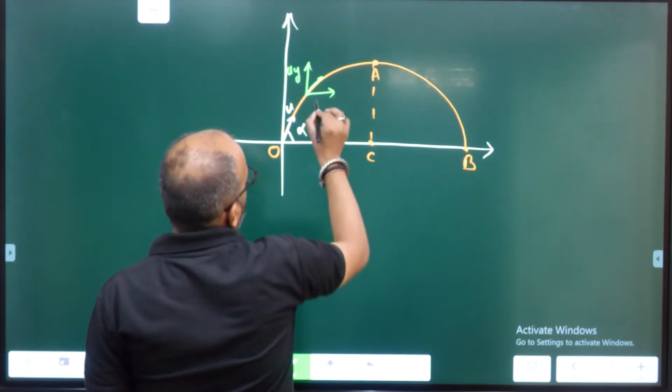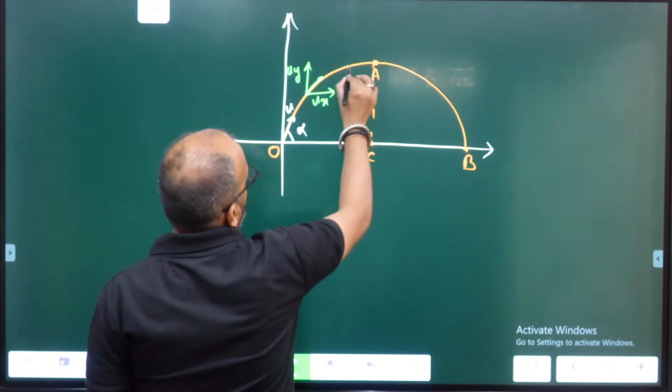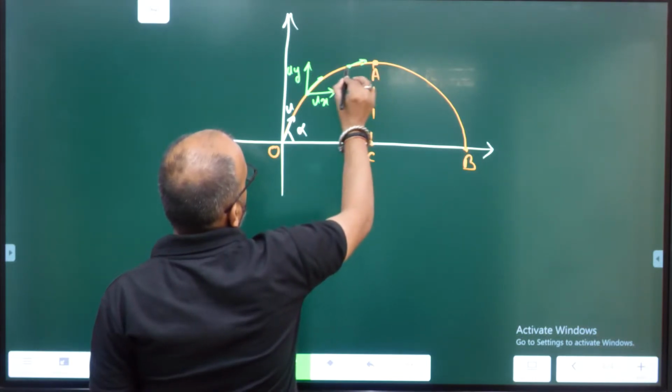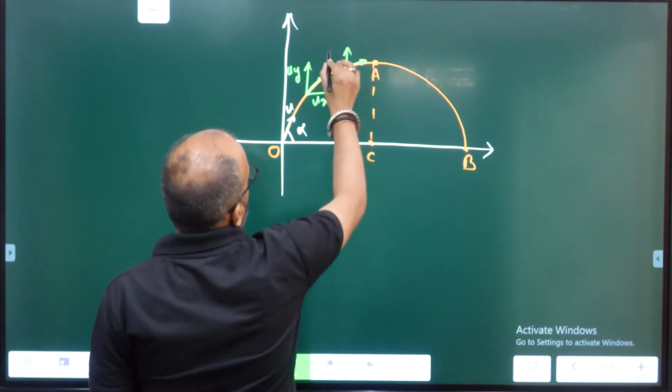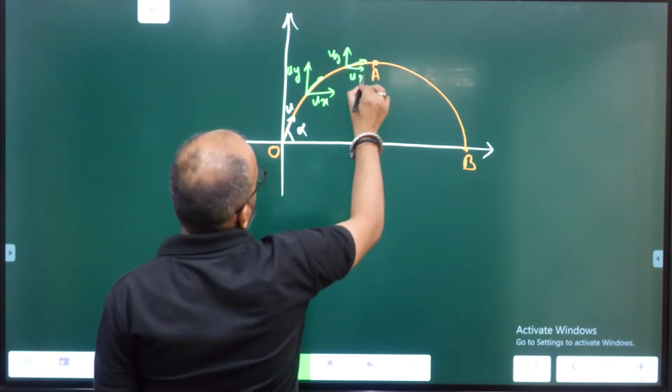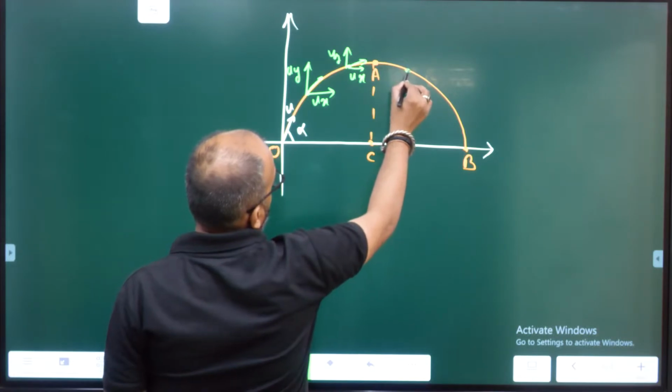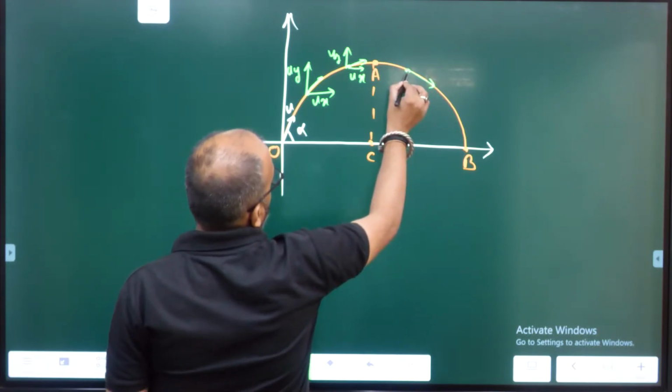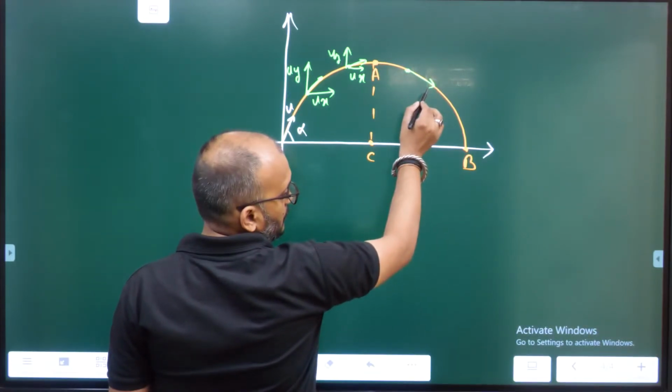Uy and ux, yes or no? Here, that's how U is. You can resolve it into uy and ux. Here again, you can resolve it, uy and ux. Getting me or not?